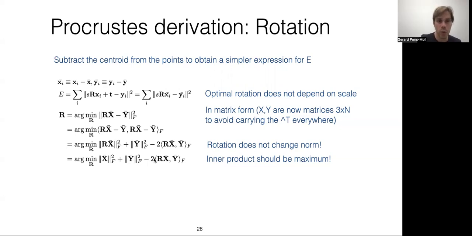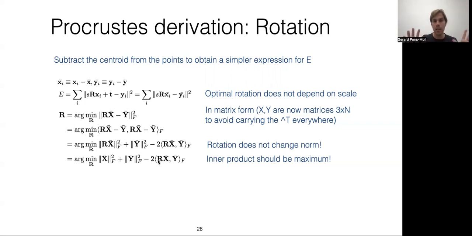And now we have minus two times this inner product of Rx and Y, which is interesting, right? Because we have an argmin here and we have a minus here, this thing is going to be minimized when the inner product of Rx and Y is maximal, which starts to make sense, right?